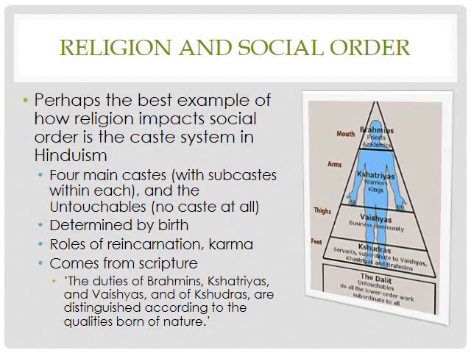And each one of the main castes has subcastes within. So there's not just four total castes, there's hundreds and hundreds, because each one of the main four is further subdivided.